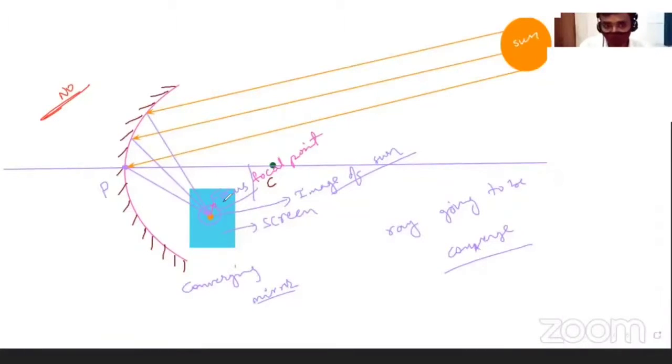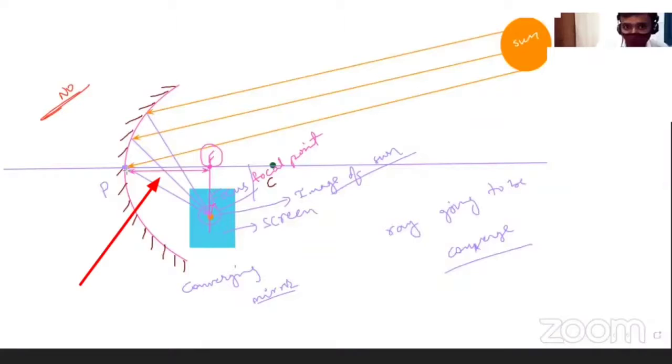Then just move perpendicularly onto the principal axis. So you'll find a point on the principal axis. Yes. So this is the focal point for the mirror. This is denoted by the letter F, and we have a separation distance between the pole and the focus here.